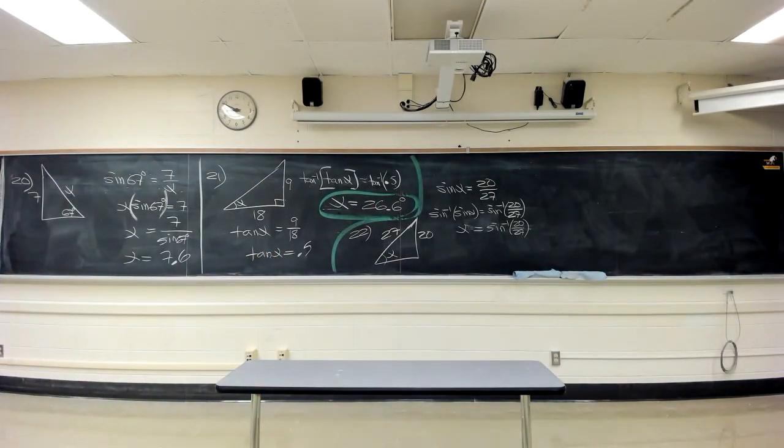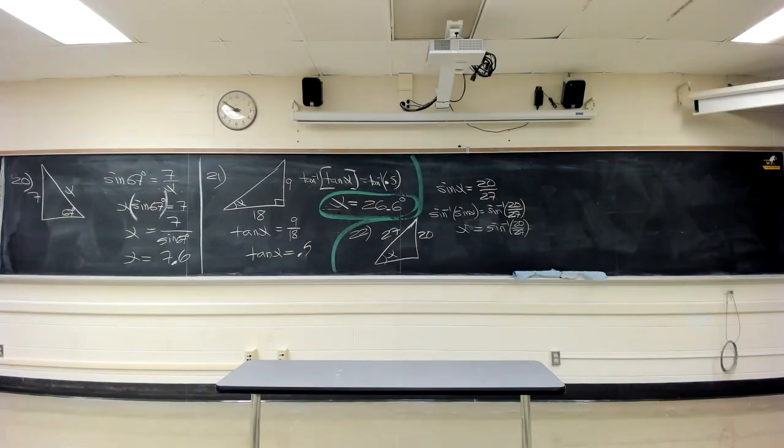So, let's see what we got here. 47.7945. 47.79 is 47.8 about. So round to the nearest tenth.